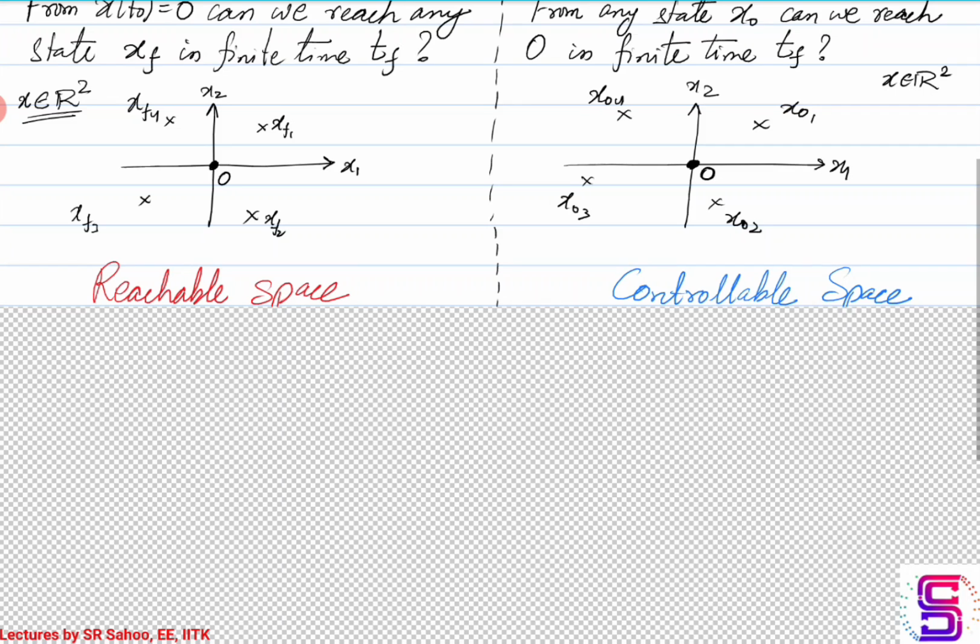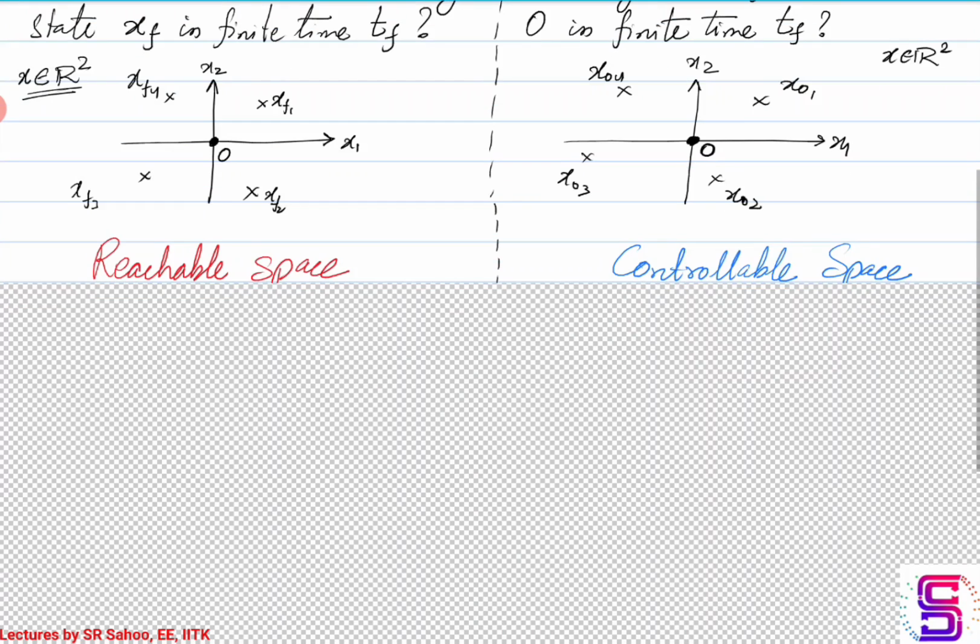Now you take a collection of all those points from where a trajectory can originate and pass through the origin at t equal to tf for some corresponding continuous time input. All those initial states together form the controllable set, because you can control the behavior of the system so that it evolves from a non-zero state and passes through the zero state at a given time tf.